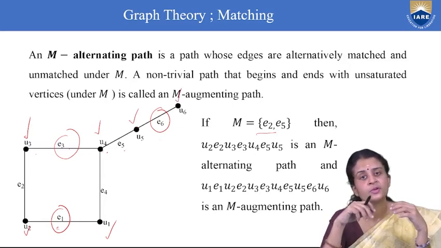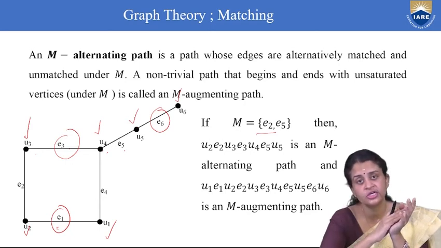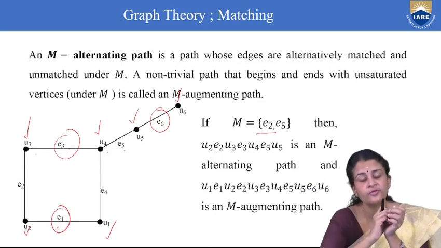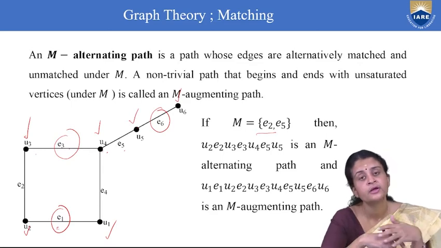A vertex is said to be M saturated if it is an endpoint of any of the edges in that matching. And here we see that all the vertices of this graph are saturated with this matching.